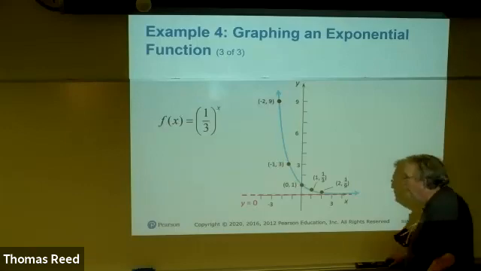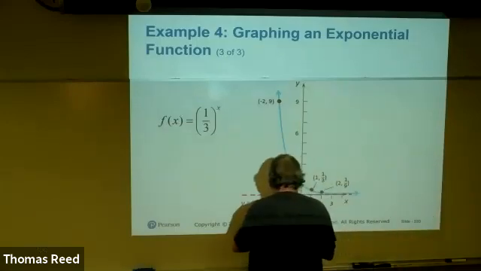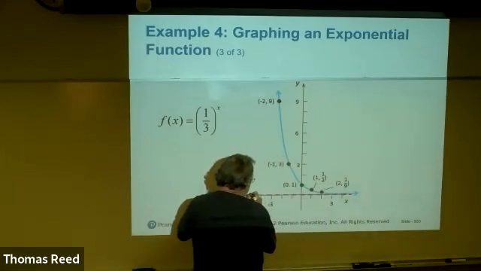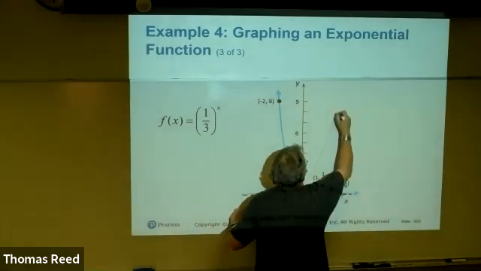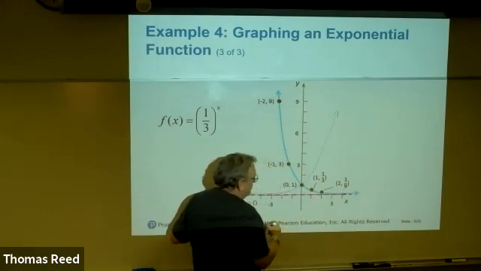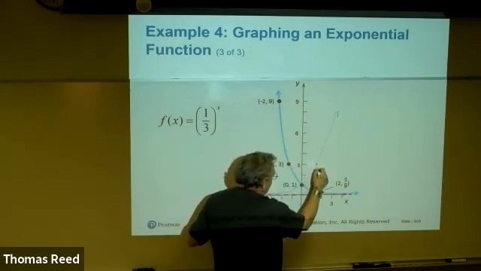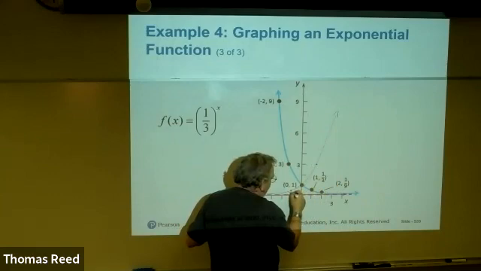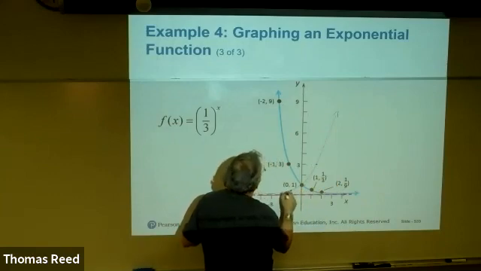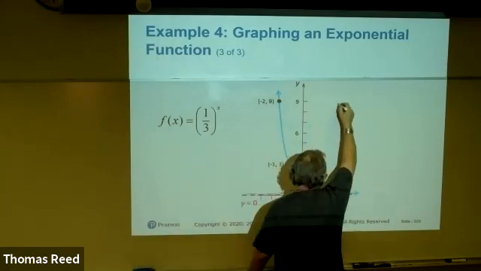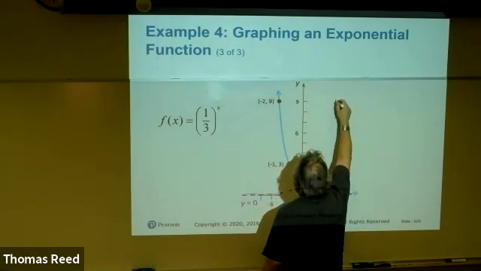So 3 to the x took us like this. Where this point is actually over here, and this point is over here, and this point is over here, and this one is over here.